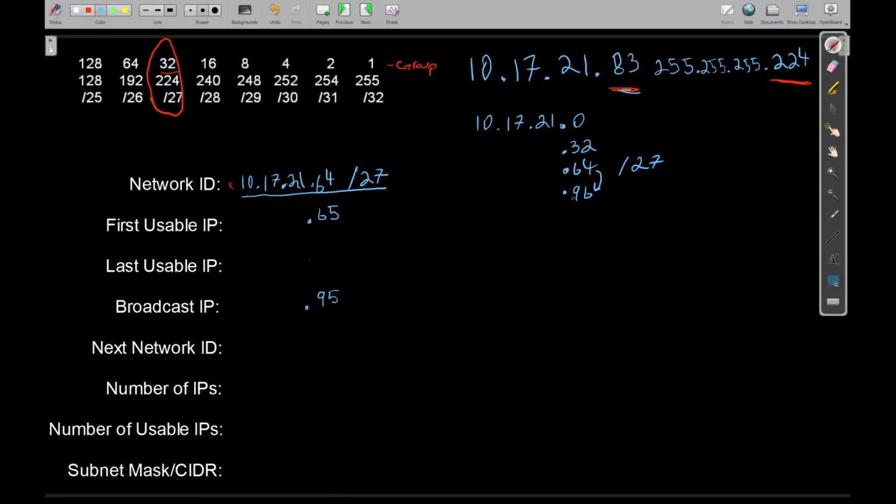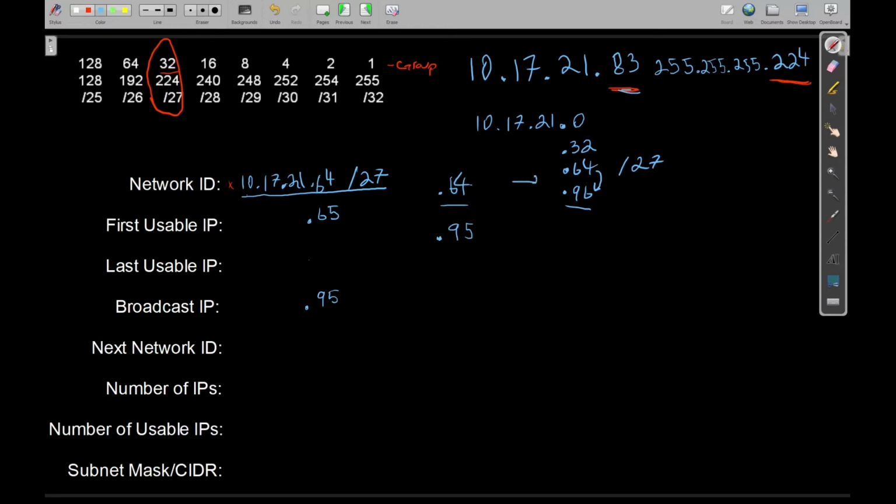If you're wondering why it's not 96, it's because the network address is .64. And there's 32 different addresses in each network. So there's 32 different addresses in here. The .64 is one of them. So we'll add 31, and that would be 95.